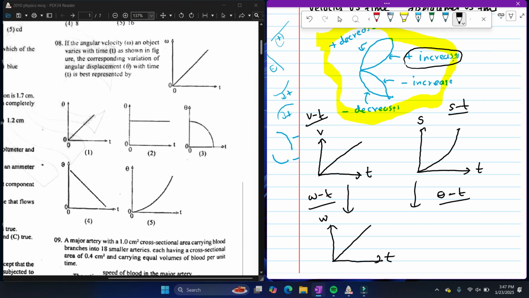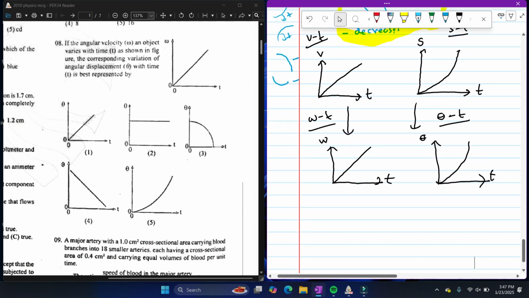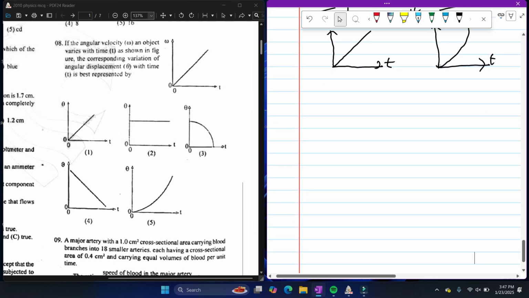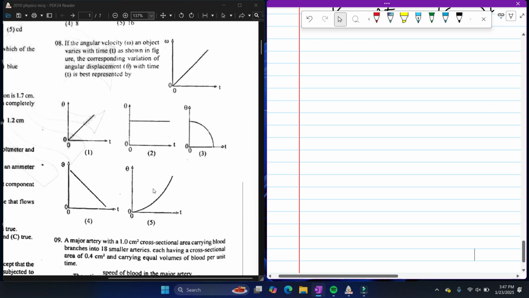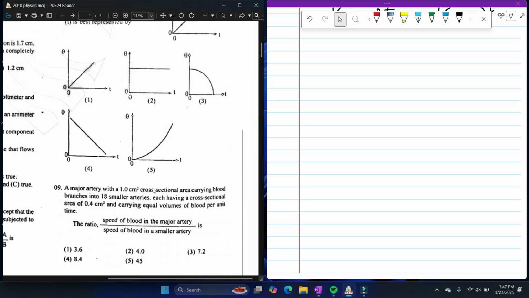Once you convert into angular displacement, it will be something like this. What you need is to just change velocity into angular velocity. The concepts are the same. So theta versus t, that's the answer, number 5. Now we'll move on to question number 9.